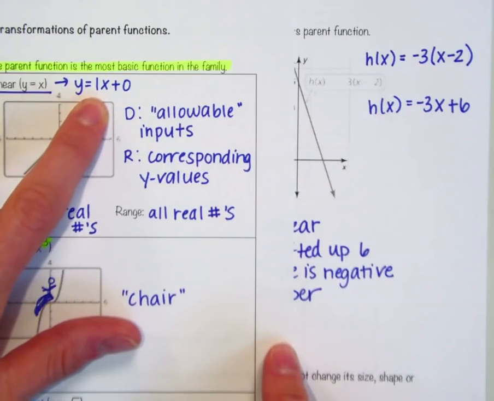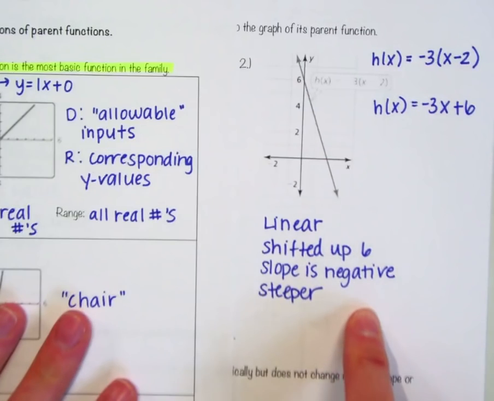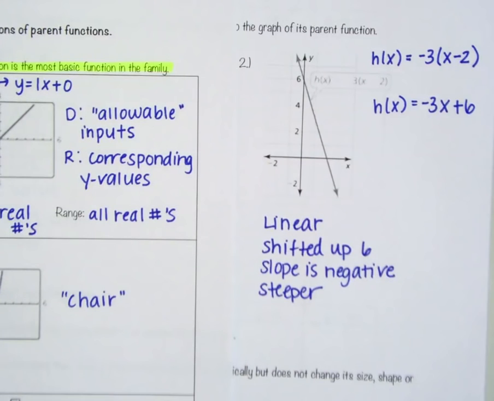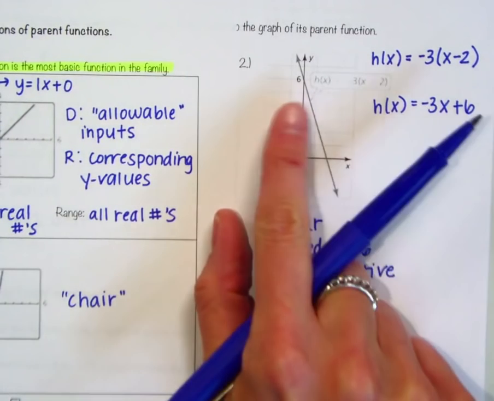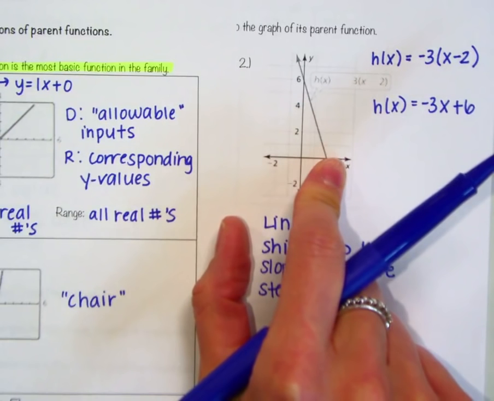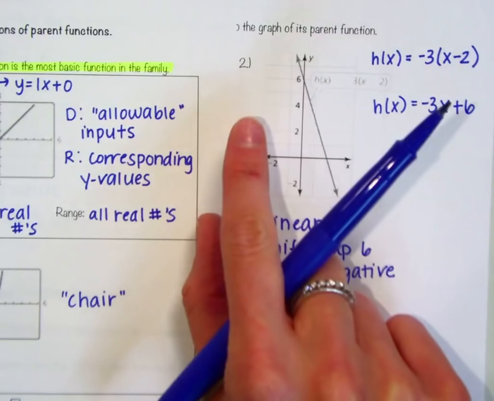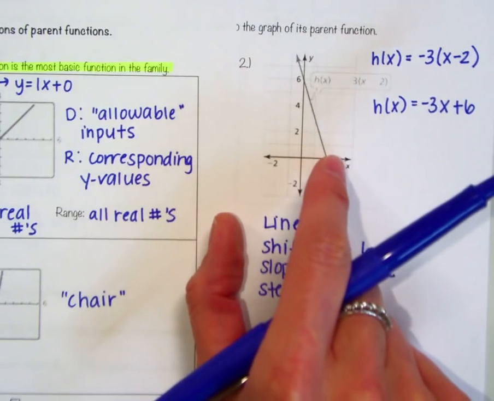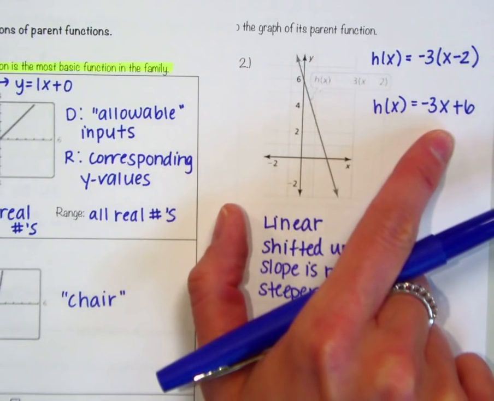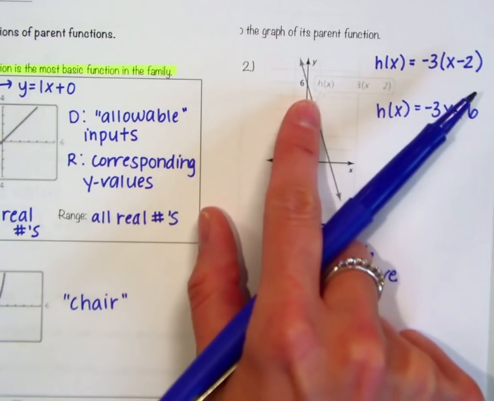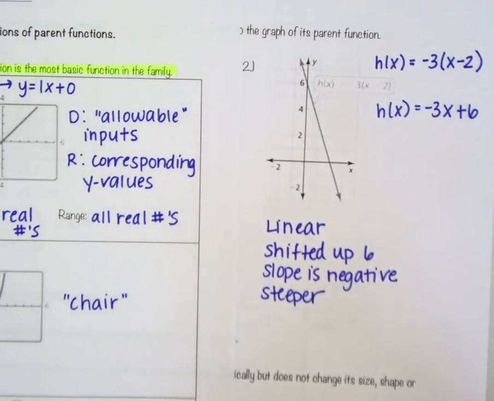Well, the slope here was +1. The slope here was -3. If you remember what we talked about in terms of slope in Unit 1, the negative flips your line. Then this number right here is bigger than 1, so it's going to be steeper. This represents our y-intercept, so if our y-intercept was 0, this is shifted up 6 units. Okay?